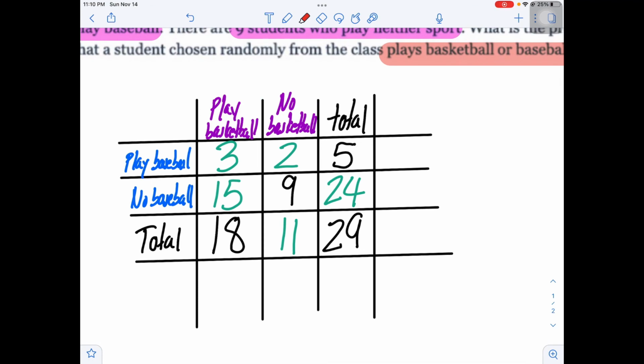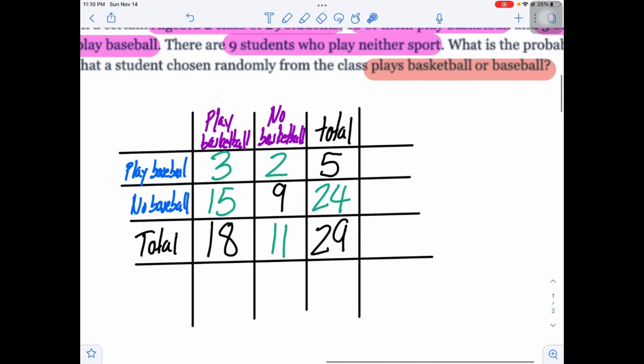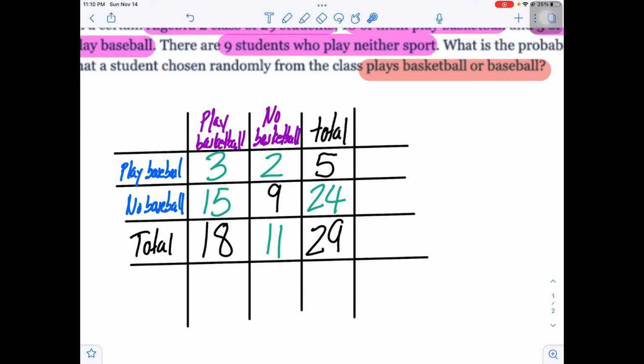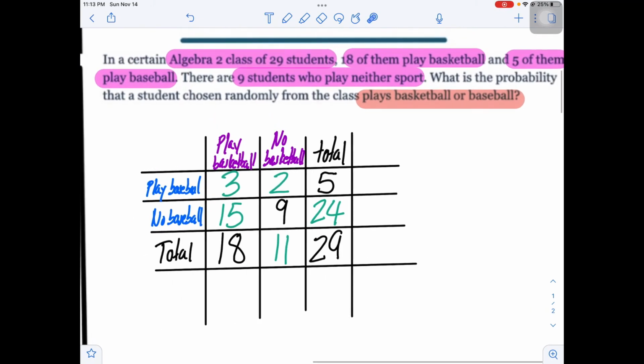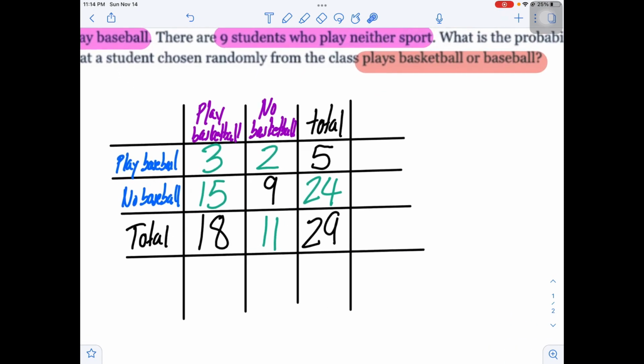So let's see. How many students play basketball or play baseball? So again, what we're looking for here is the probability that a student chosen randomly from the class plays basketball or baseball.